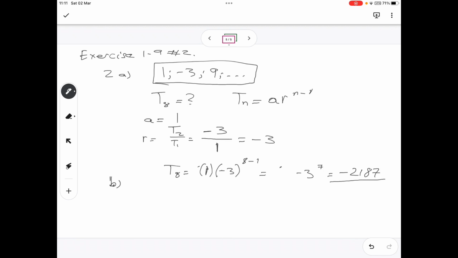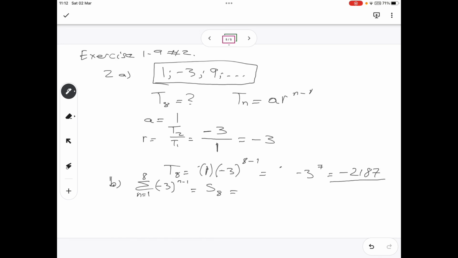And then in the second part of the problem, we have to find the sum of the first 8 terms, from n equals 1 to 8 of -3 to the power n minus 1.